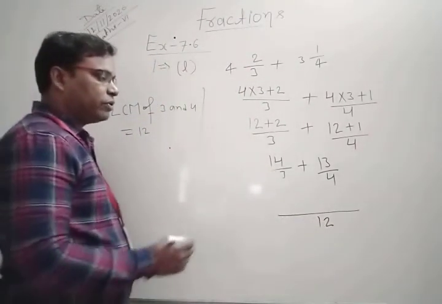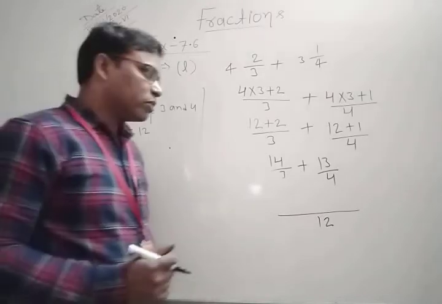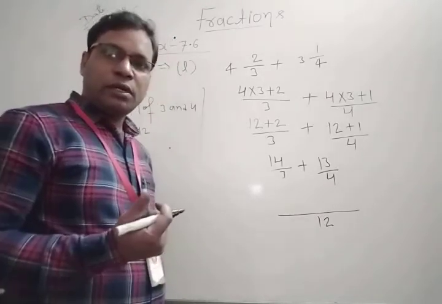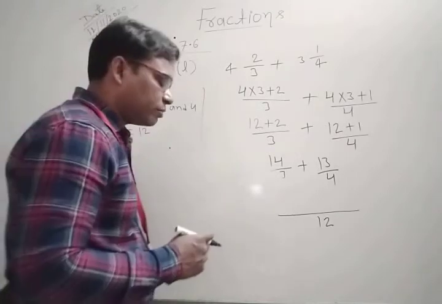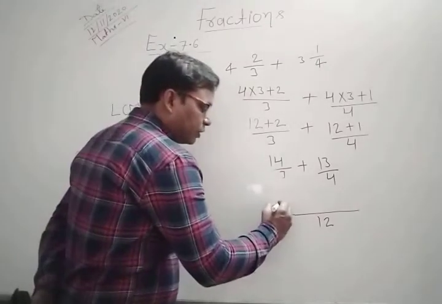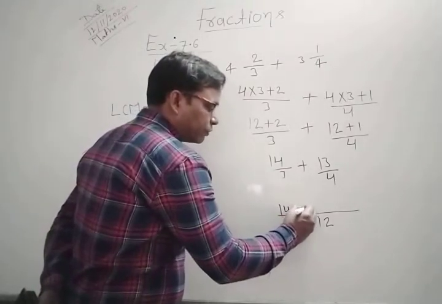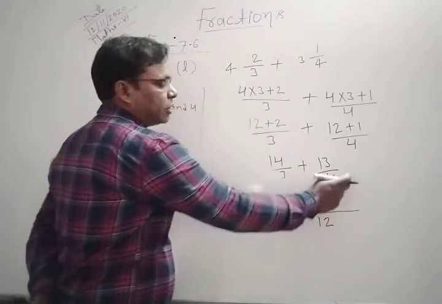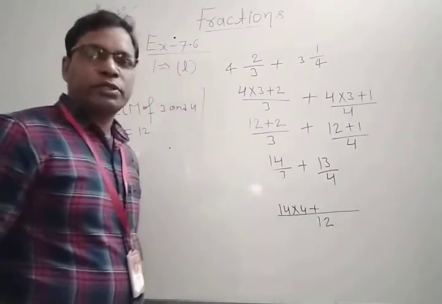So if you divide 12 by 3, then you obtain quotient 4. So you multiply 4 with this numerator: 14 into 4, this quotient, plus. Now again you divide this 12 by the denominator 4, then you obtain quotient 3.